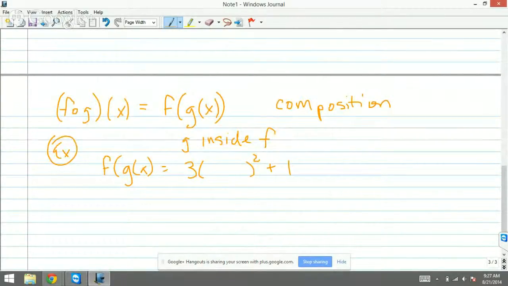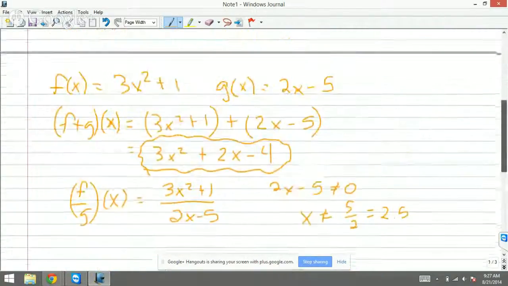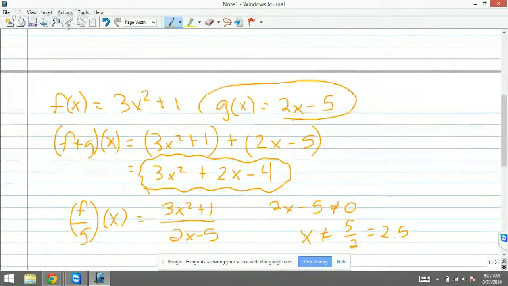Why did I leave the x open? Right. So if I'm putting g inside of f, I'm going to put this inside of it where x is.